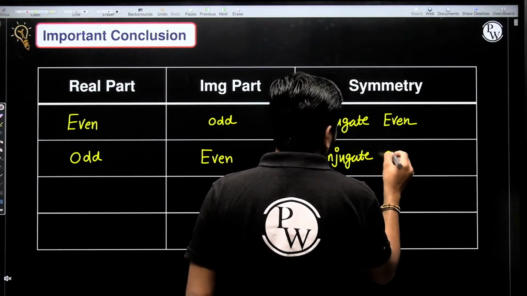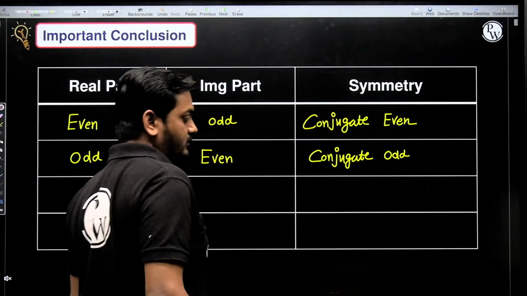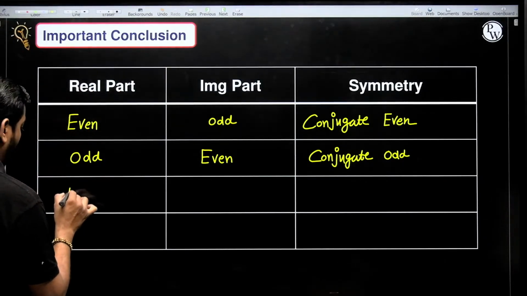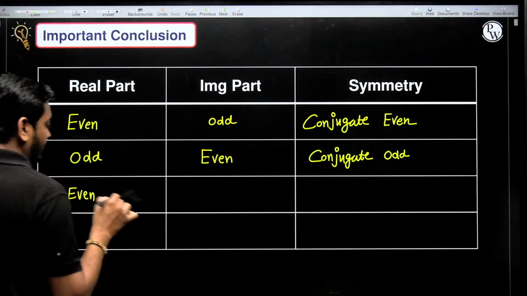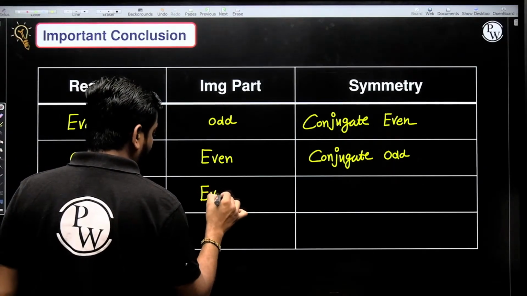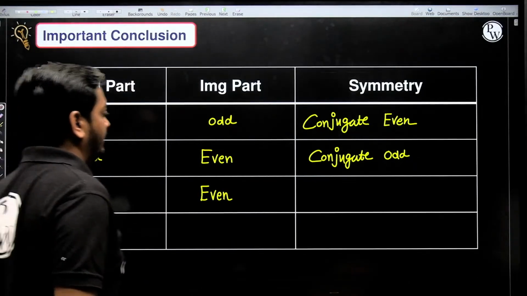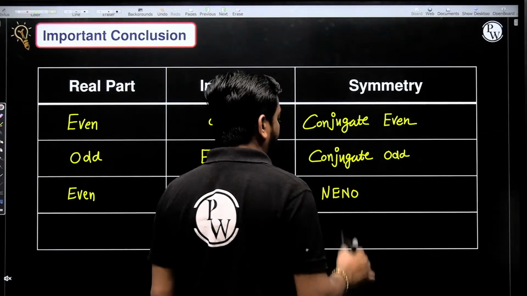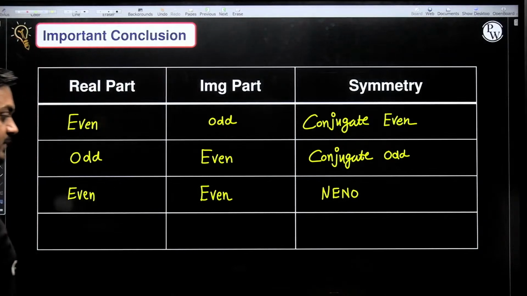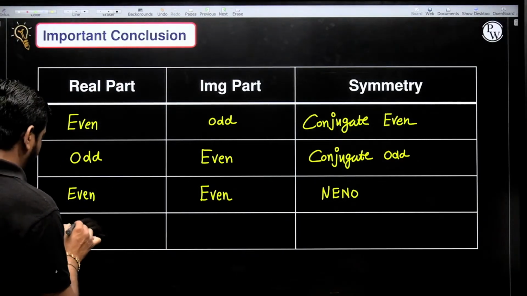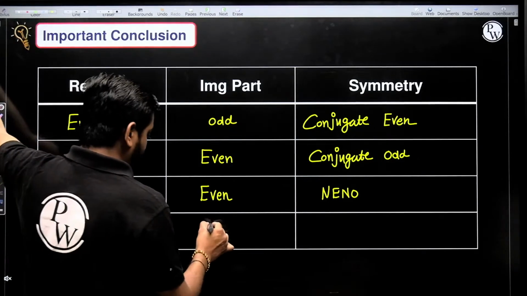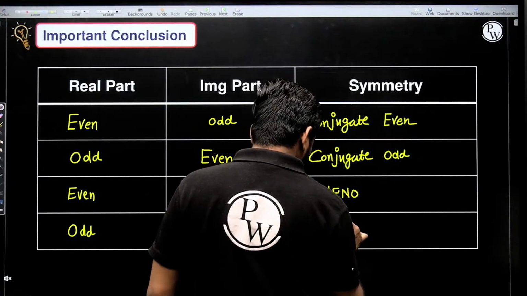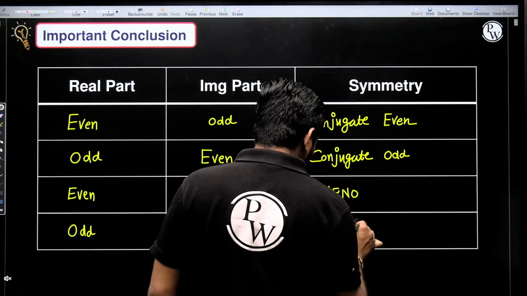If both the real part and the imaginary part are even, then it is neither even nor odd. There is no symmetry. And again the same, both odd, then it is also neither.